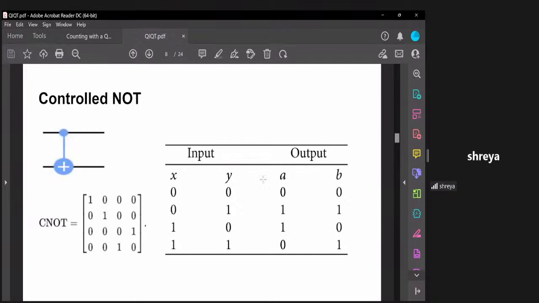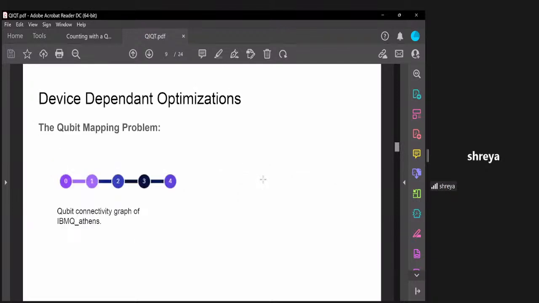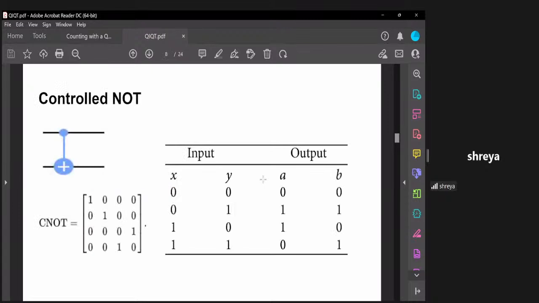And I won't go into this. But these control NOT gates are the 2-qubit gates, and these gates are the primary sources of errors. If you go into the IBM website and check the errors of the individual gates, usually you see that the 2-qubit gates are the major sources of error, at least in the case of gate-based errors.